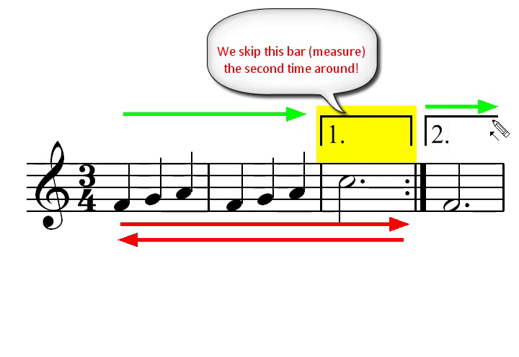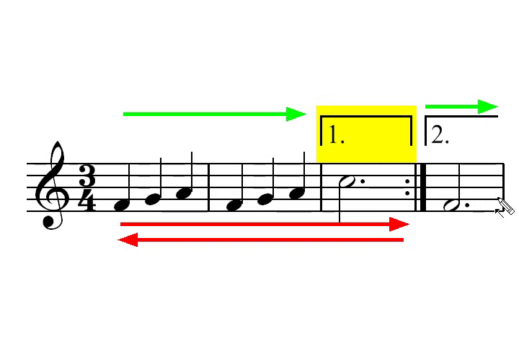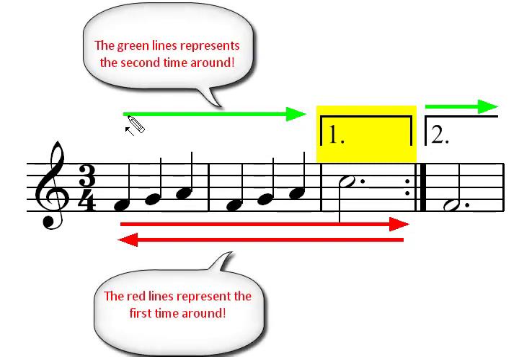And from there on, if we had more music after the second ending, we would continue playing the music. So the second time we play through, we go from here up to the first ending, we skip the first ending and jump over to the second ending. Now that's all there is to this.